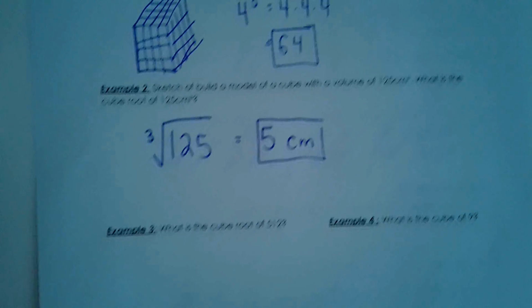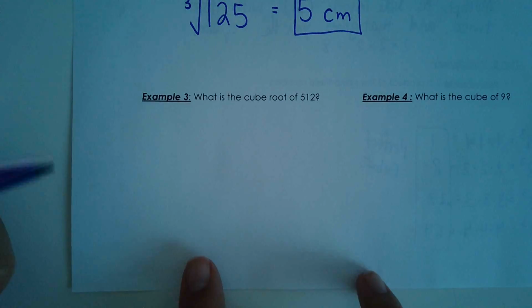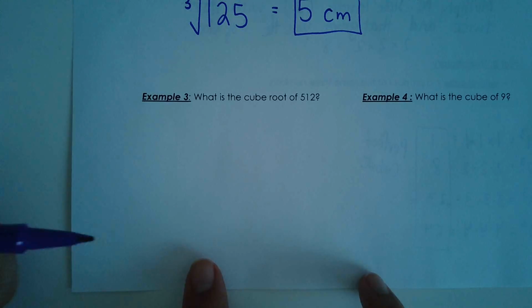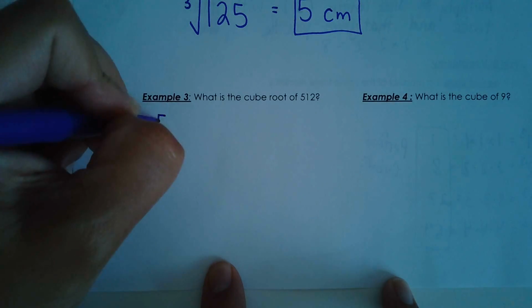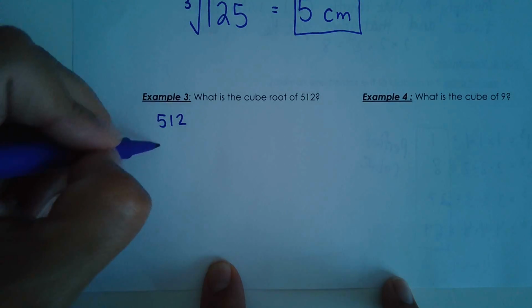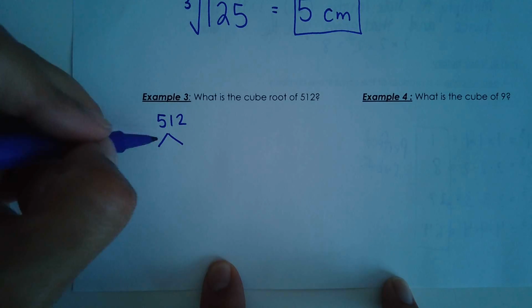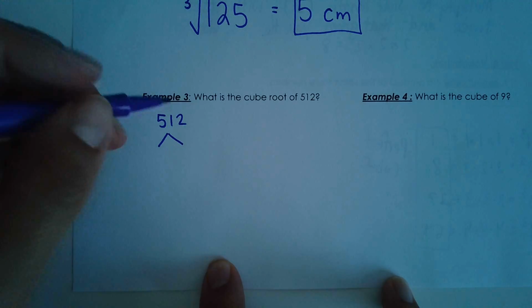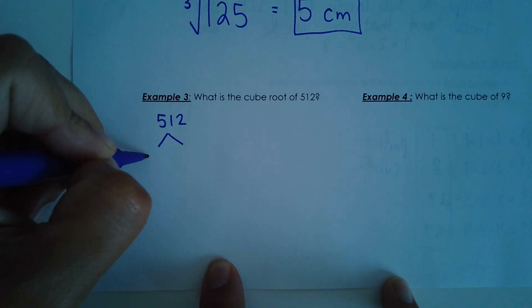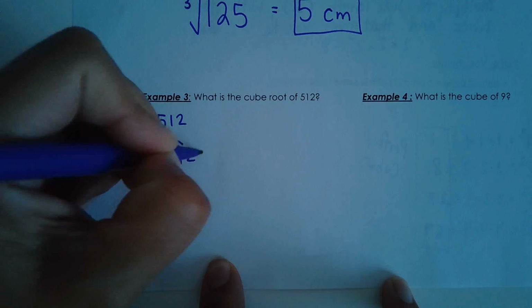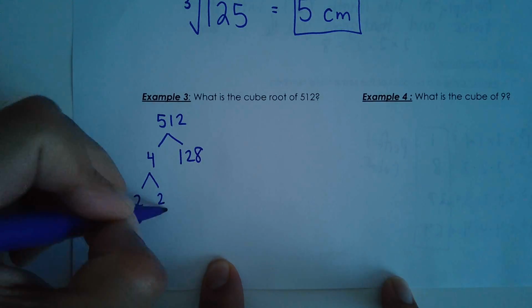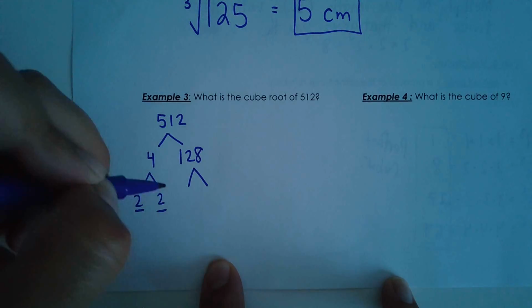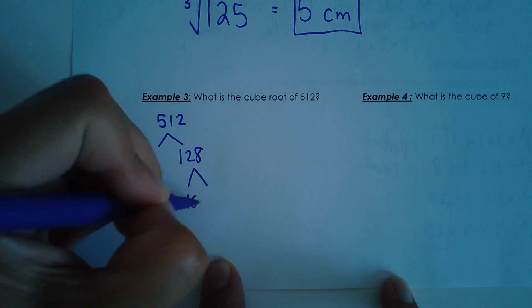In example 3, what is the cube root of 512? We can do this a couple of ways. We can draw a factor tree. So we break down 512 into 4 times 128, 2 times 2, 16 and 8.